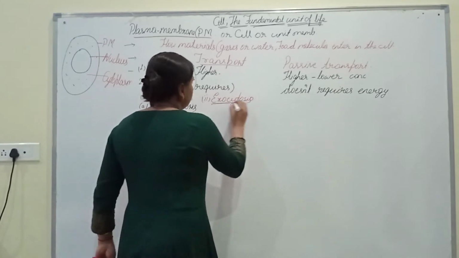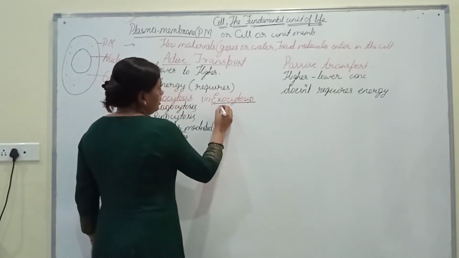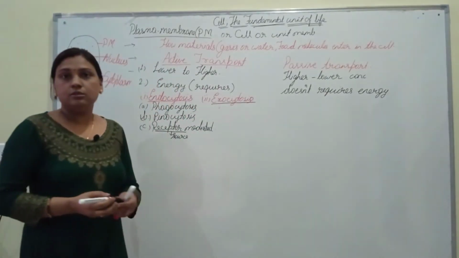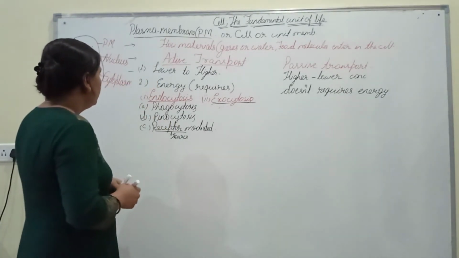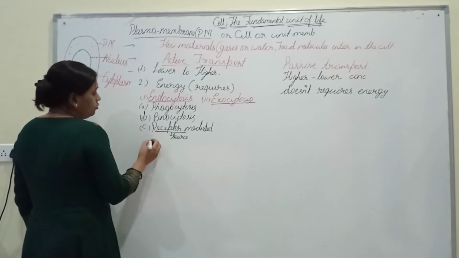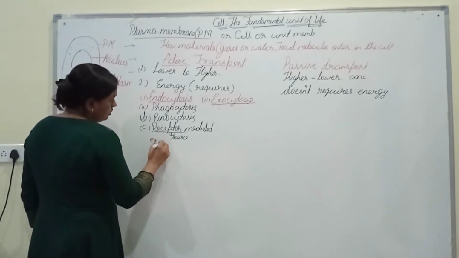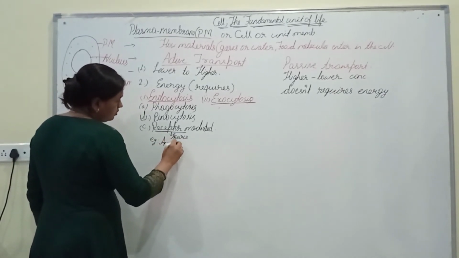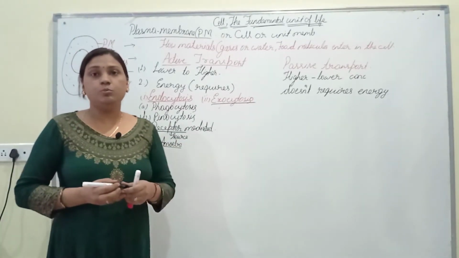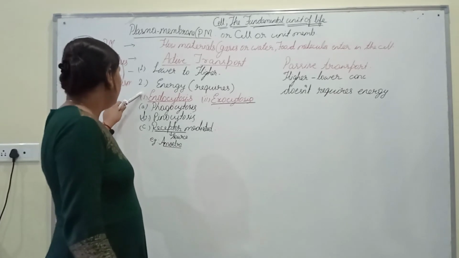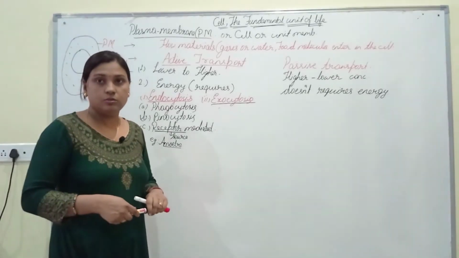Now exocytosis is the removal of waste material by the cells. An example of endocytosis is amoeba. Amoeba takes their food by the endocytosis process.